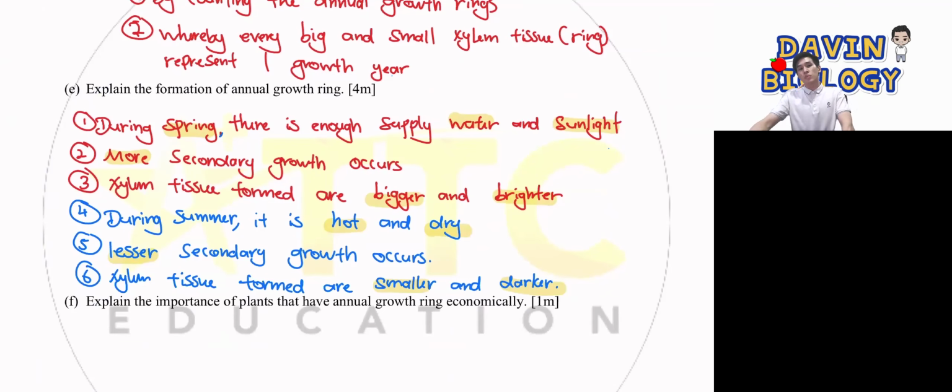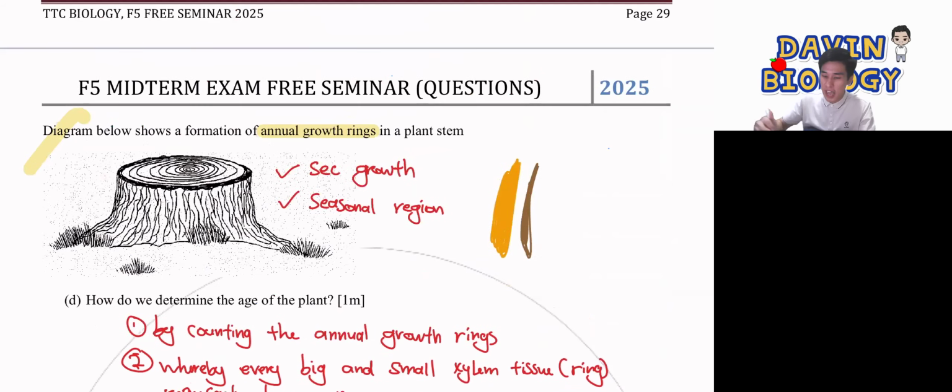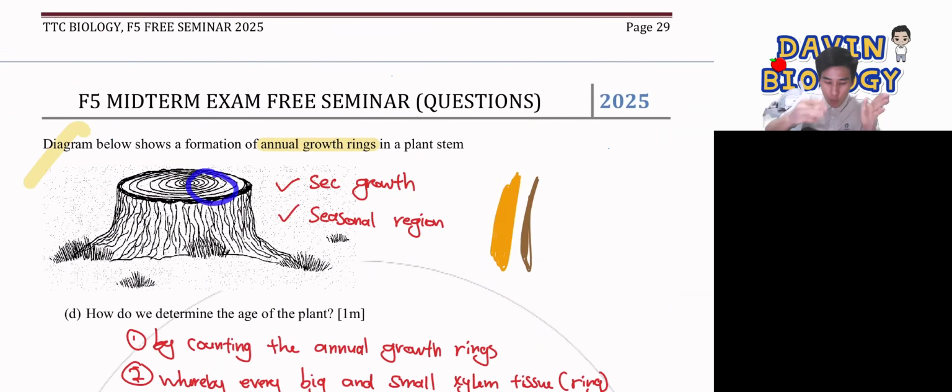So then the last one, explain the importance of plants that have annual growth rings economically. So let's say you cut down the trees in Malaysia to produce furniture, compared to if you cut the trees overseas. The wood that you cut overseas will be more valuable because of the annual growth rings. Which means your wood has a pattern. Sometimes you see those expensive furniture with thick and thin lines.